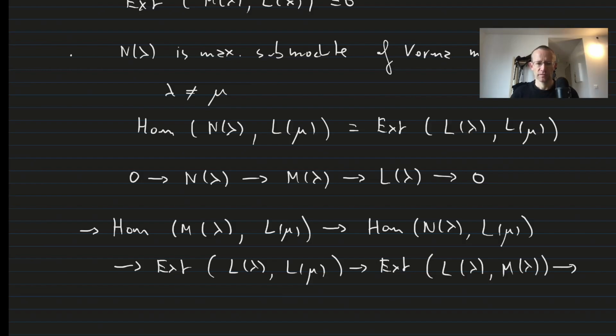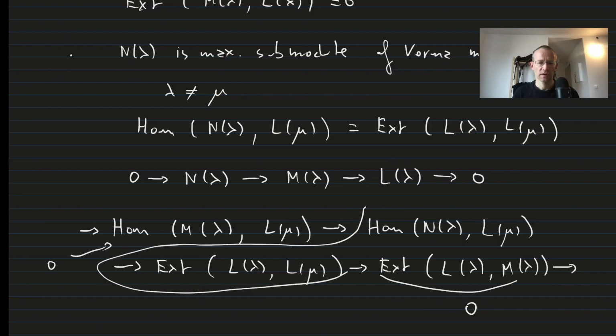And then we've already proved that this Ext group is 0. And we have proved that for lambda different from mu, these homomorphisms are also 0. And therefore, we conclude that these two terms in the sequence are equal, which is exactly what we needed to prove.